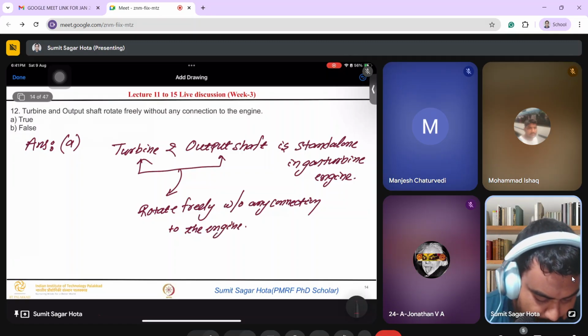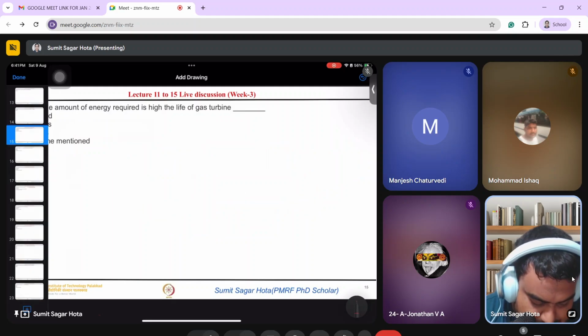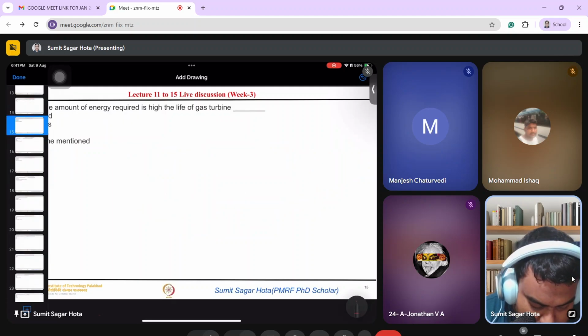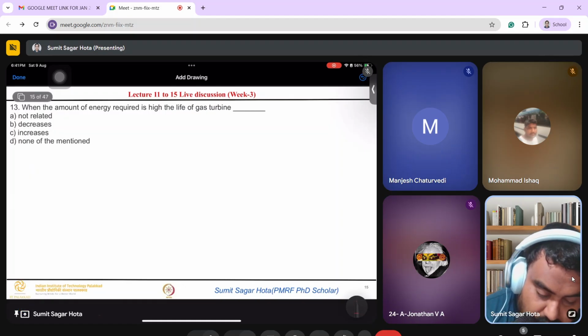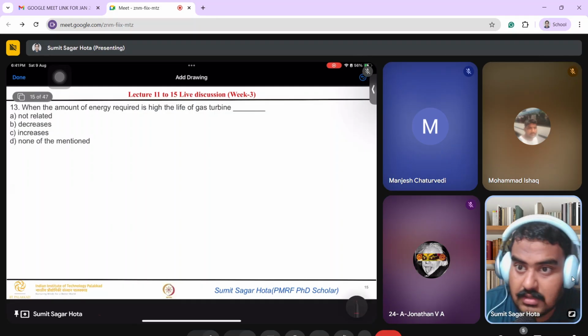So when the amount of energy required is high, the life of the gas turbine is dead.